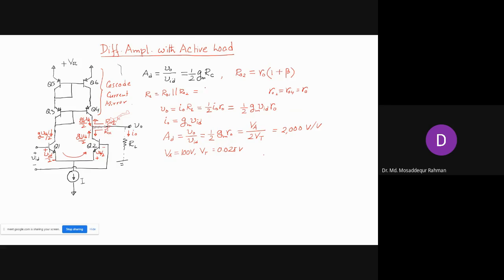So here we'll have R naught 1, the same as small R naught, in parallel with R naught 2, this R naught times 1 plus beta. Now this is much greater than the small R naught. So the total combination will be just R naught.